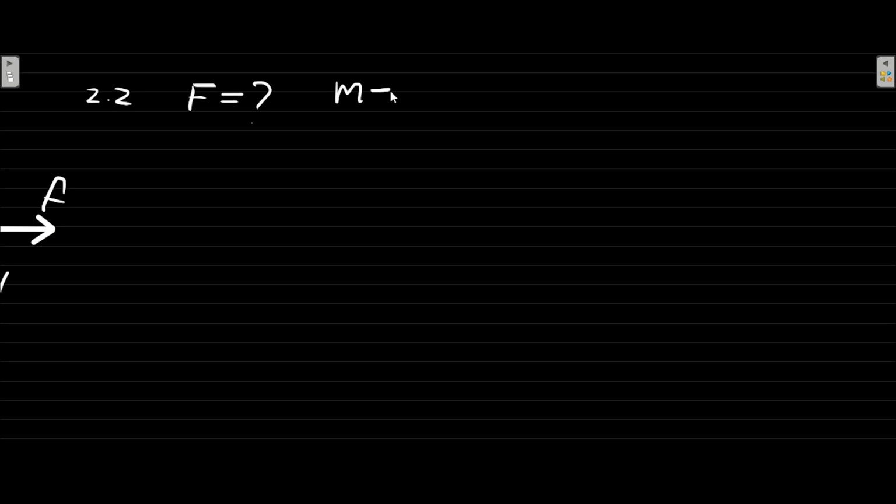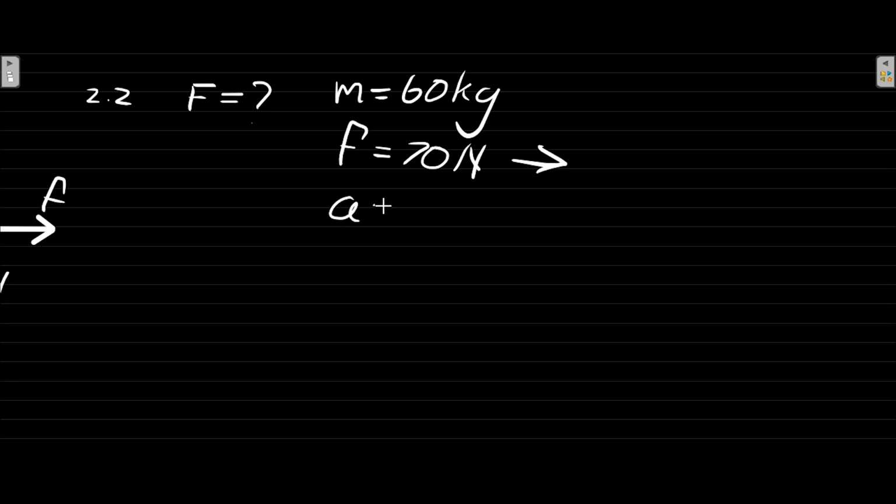We had a mass of 60 kilograms, we had a frictional force of 70 newtons. Now remember, the frictional force was to the right. And we had a net acceleration of 1.5 meters per second squared. And this was to the left because the boy and the skateboard is moving to the left.